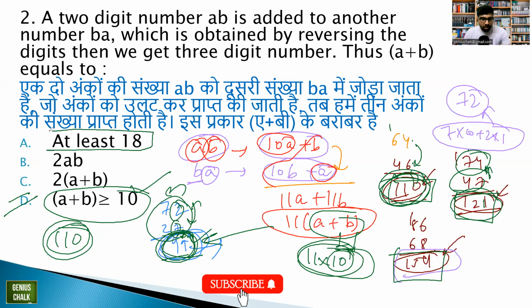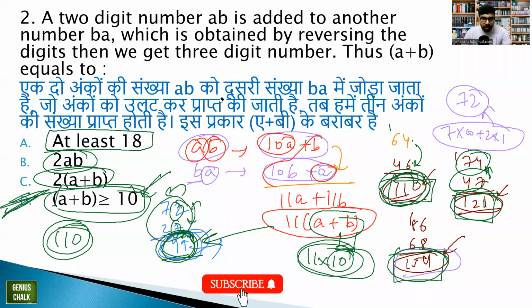It is not at least 18, it should be at least 10. It can't be twice of AB, right? You have seen all these numbers are multiples of 11. So the minimum value is 10, and after that I will be getting every number as a multiple of 11. So what is the answer of this question? A plus B must be greater than or equal to 10.